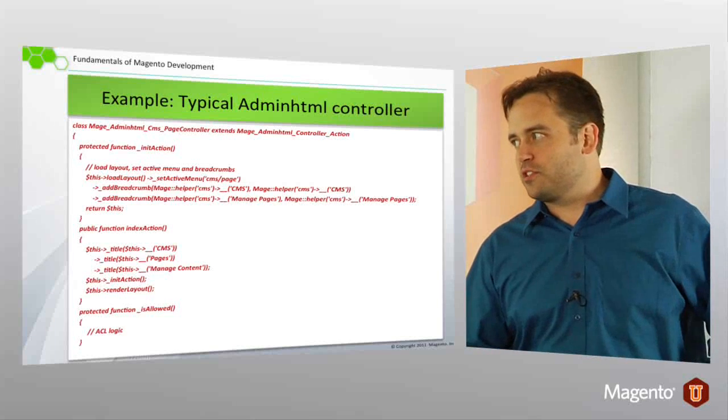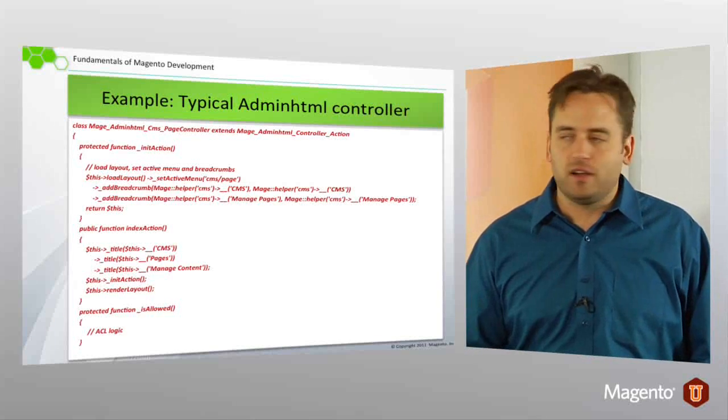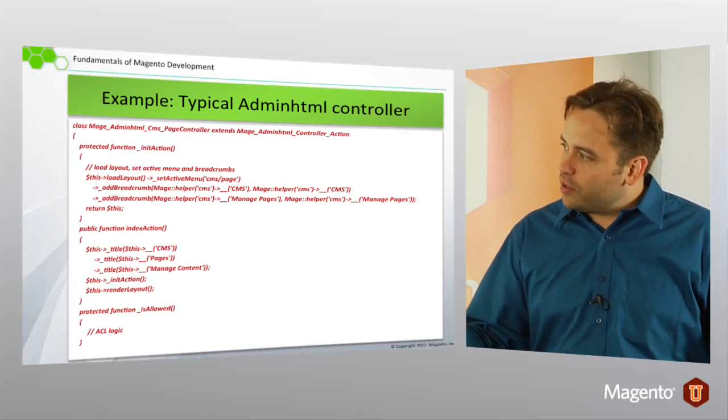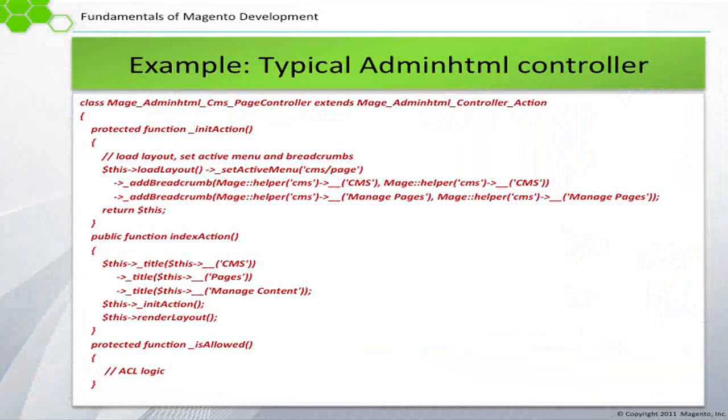This index action, we're setting some data on this object, calling another function, but then calling render layout. All right? So this is the structure here, that you might have some internal functions. But basically, the takeaway is that anything that's public and ends in action can be accessed from the browser. Anything else cannot. Okay?